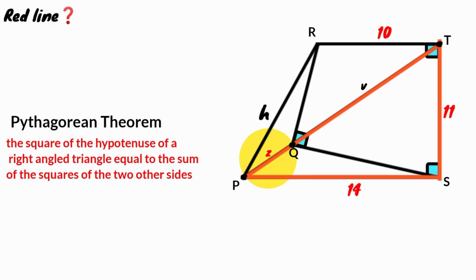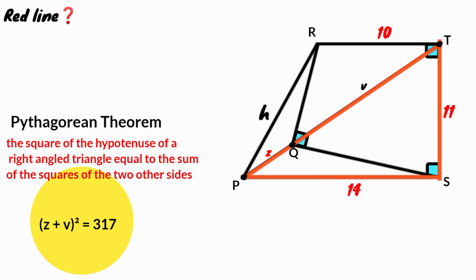Therefore, by Pythagoras, (Z plus V) all squared equals 11 squared plus 14 squared. 11 squared is 121. 14 squared is 196. 121 plus 196 is 317. So (Z plus V) all squared equals 317.